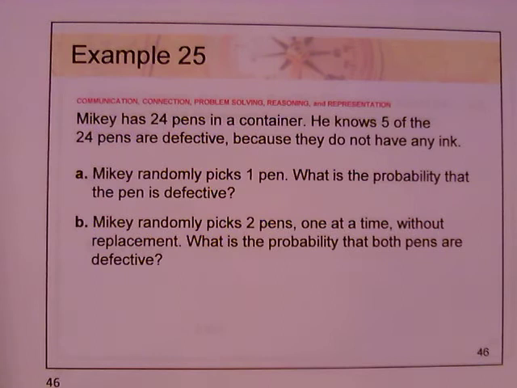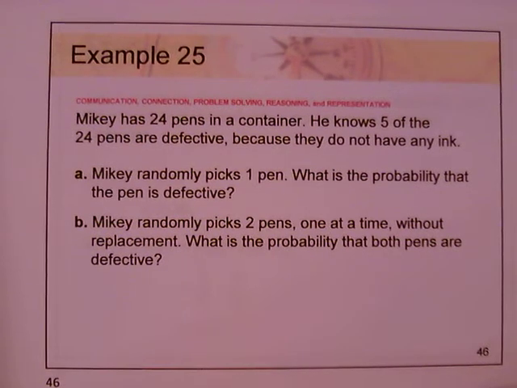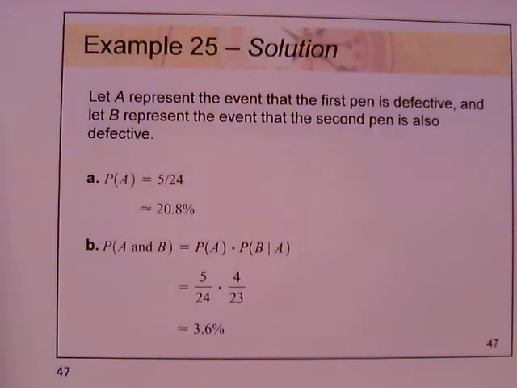What is the probability that the pen is defective? And then in part B, Mikey randomly picks 2 pens one at a time without replacement. What is the probability that both pens are defective? On the next slide, you're going to see the solution.